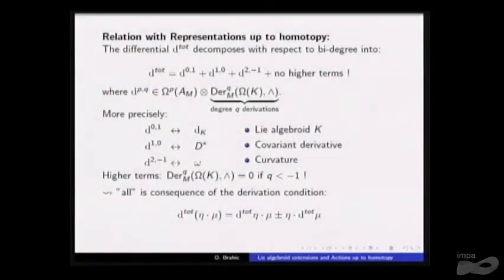And so here I wrote the consequence of the derivation condition: if you want to pass from one side to the other, you're constantly using this derivation condition. It's a bit the way I did it here, quickly, to prove that there are no higher terms. Okay. And let me look, because I have notes also.